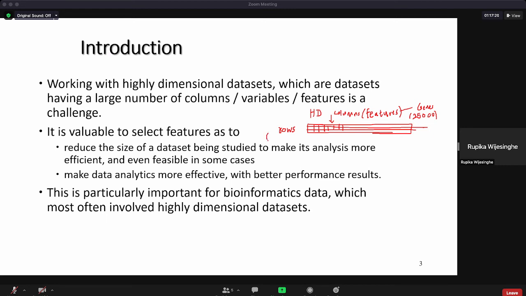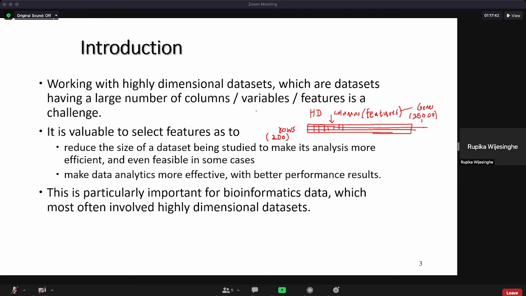Say maximum we can have 200 patients, right? So you can see that this is not symmetrical. This is 25,000 and this is 200. So this is the nature of high dimensional data.